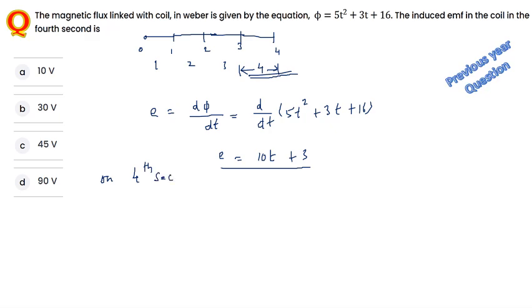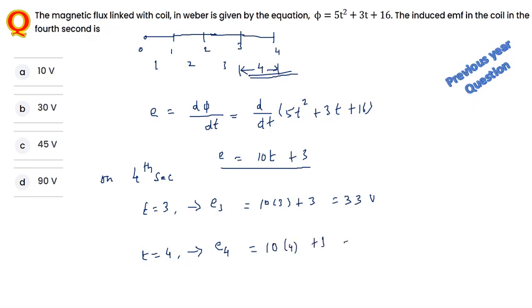Fourth second, in this case, is in between t equal to 3 second and t equal to 4 second. For this I just mentioned E3: 10 into 3 plus 3, what you are having here is 33 volt. And E4, the fourth second, is 10 into 4 plus 3, what you are having here is 43 volt.